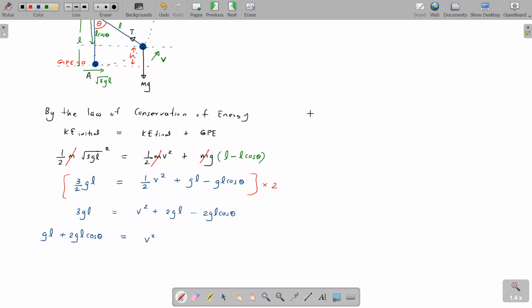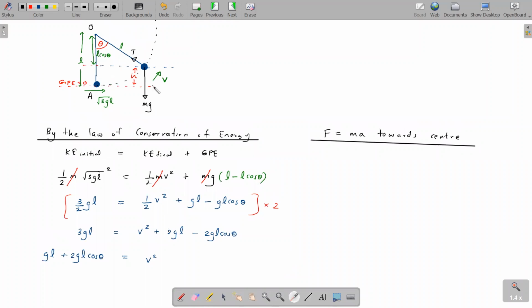So we'll now apply F equal MA towards the center at the general point. Okay, so what do we have? F equal MA towards the center. So you definitely need to resolve the forces.